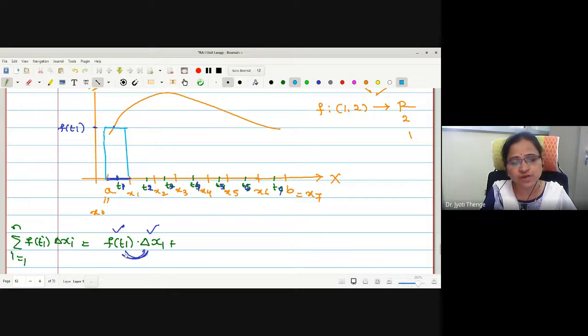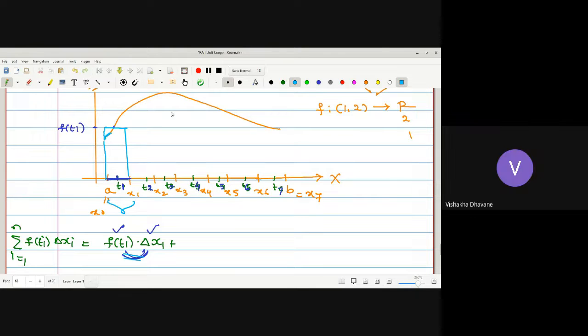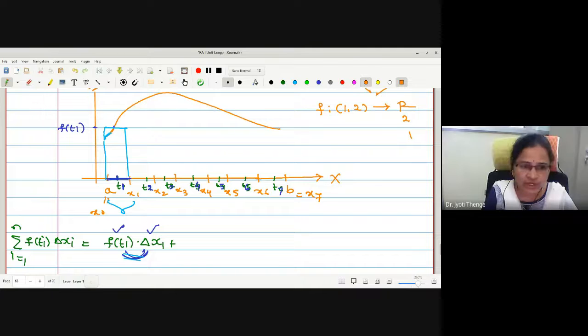Therefore may I say this first term is giving me the area of the rectangle with height f of t1 and breadth this delta x1. Correct now? Is it okay? Yes, ma'am. Therefore here you can check very easily. Some part of the region is above the curve and some part is below the curve.